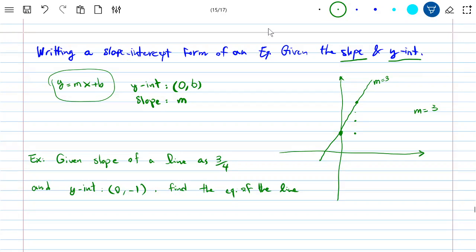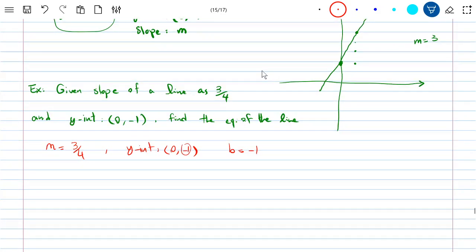What you do is, you know the format for the equation. You're given the slope m is 3/4, and the y-intercept is given as 0 and -1. So what do I know about b? b is -1, the corresponding y value. So how does the equation look? y equals mx plus b.